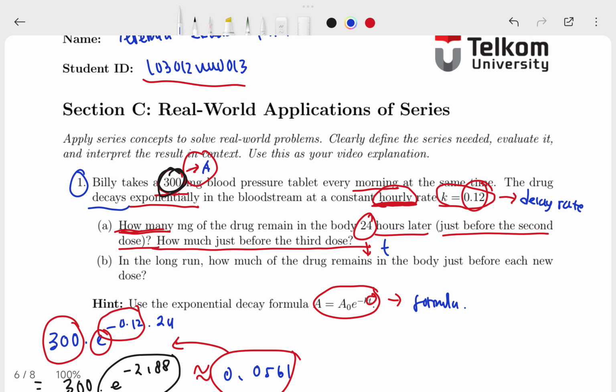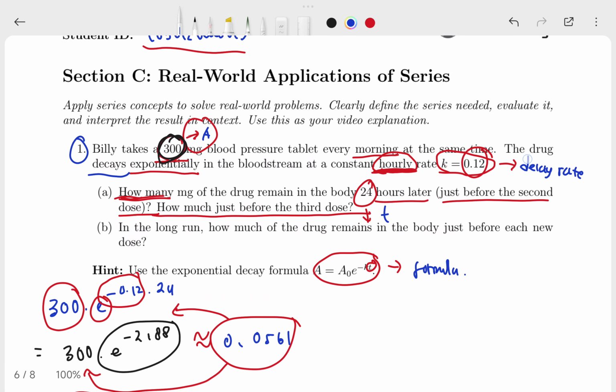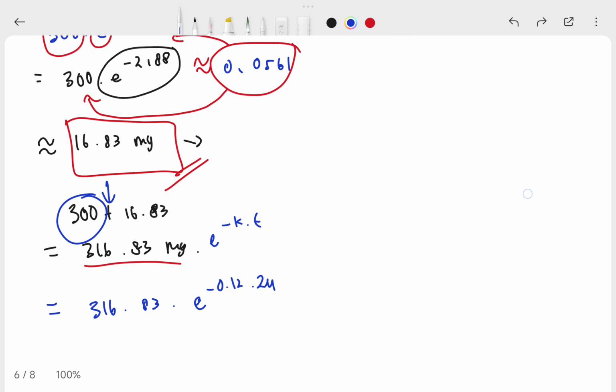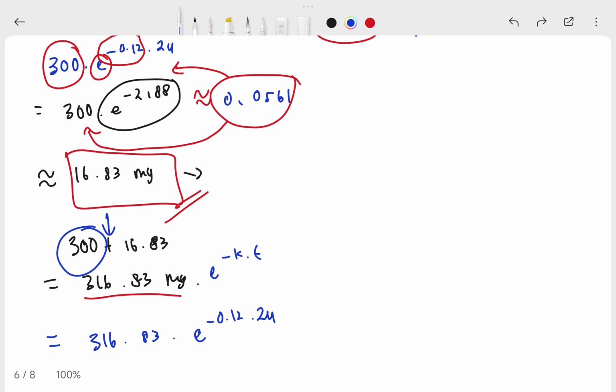So Billy has to wait 24 hours, because he already took the second dose and wants to take the third dose. He has to take it every morning at the same time.